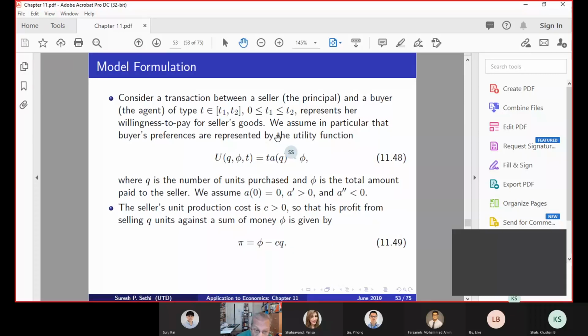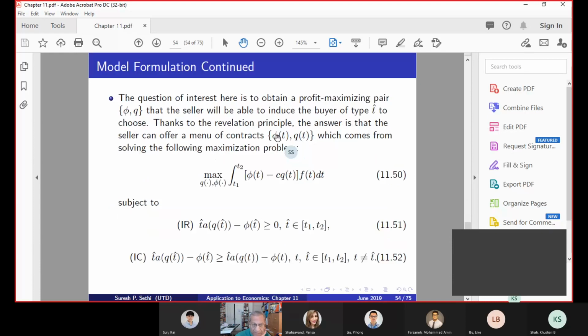from the point of view of application, because when you have a type that is continuous, agent type that is continuous, then it is known that the problem can be formulated as a control theory problem. And it is a problem where the constraints are interesting. And if you look at the literature, it is very messy and very difficult to know what's going on.